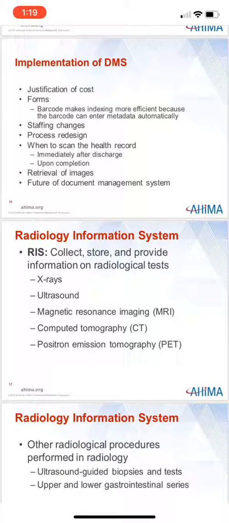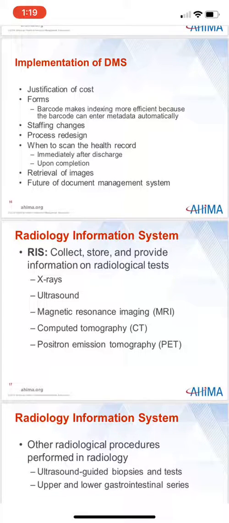So we've talked about this before as well. Only one set of hands can have that paper record. If the analysis team is looking through that record to see what physician still needs to complete information in the chart, coding can't have it, and the physician can't have it. And if that patient came back into the ER, then we're going to have to take it to the ER so they can have the information.